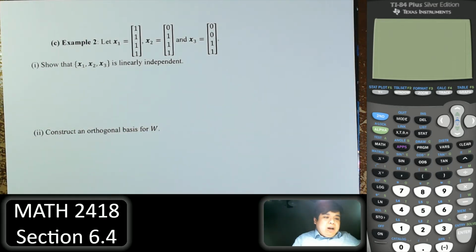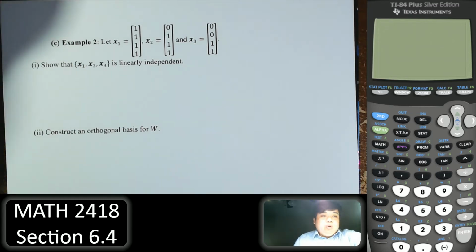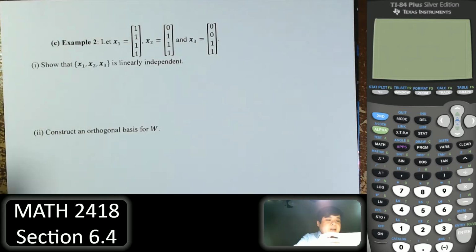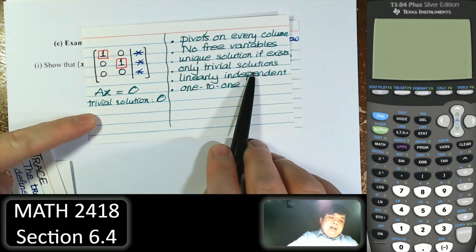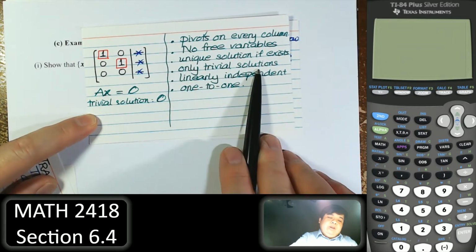So how do we show that the vectors are linearly independent? Well, it is linearly independent if the linear combination that produces 0 has only the trivial solution. Actually, I still have this case here. So linearly independent is where we have only the trivial solution.